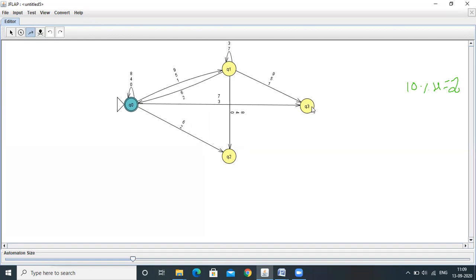Now coming to the Q3 state. Q3 on 0: already Q0 on 3 comes to Q3 state. Q3 on 0 becomes 30. 30 modulo 4, remainder is 2, so it will go to Q2 state.